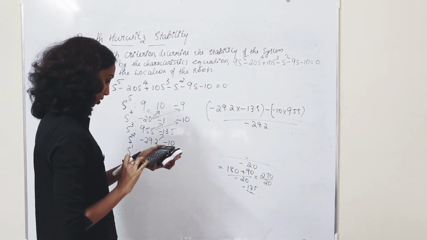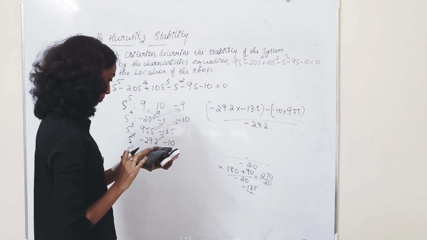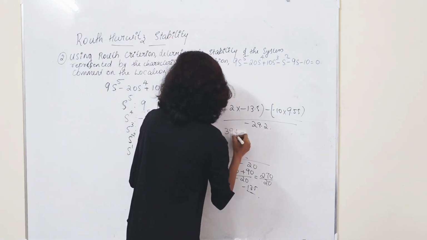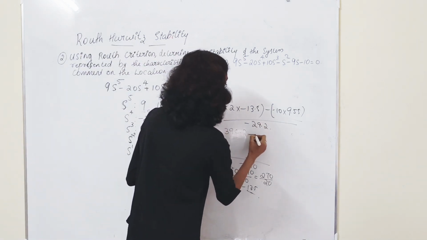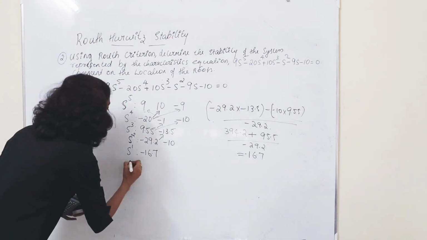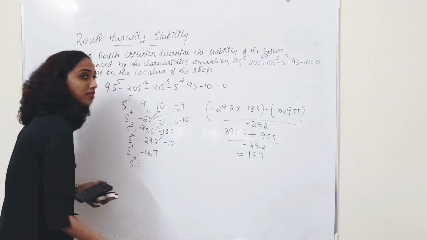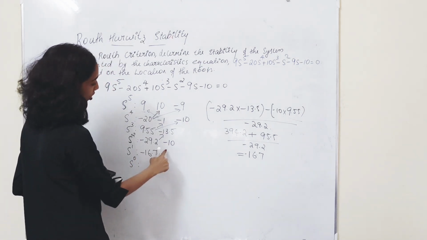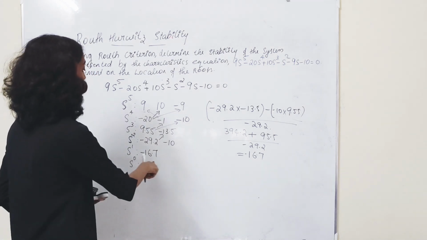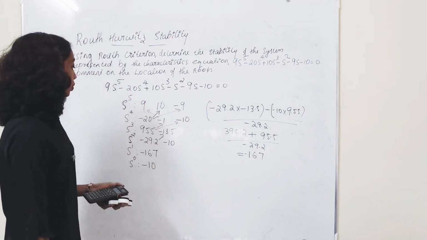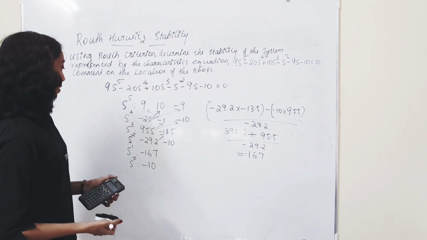It's 394.2 minus 16.7. Okay, minus 16.7. Again, we have to find the last value as s raised to 0. S raised to 0 means minus 16.7 into minus 10 divided by minus 16.7. Again it is minus 10. Okay, again it's minus 10.